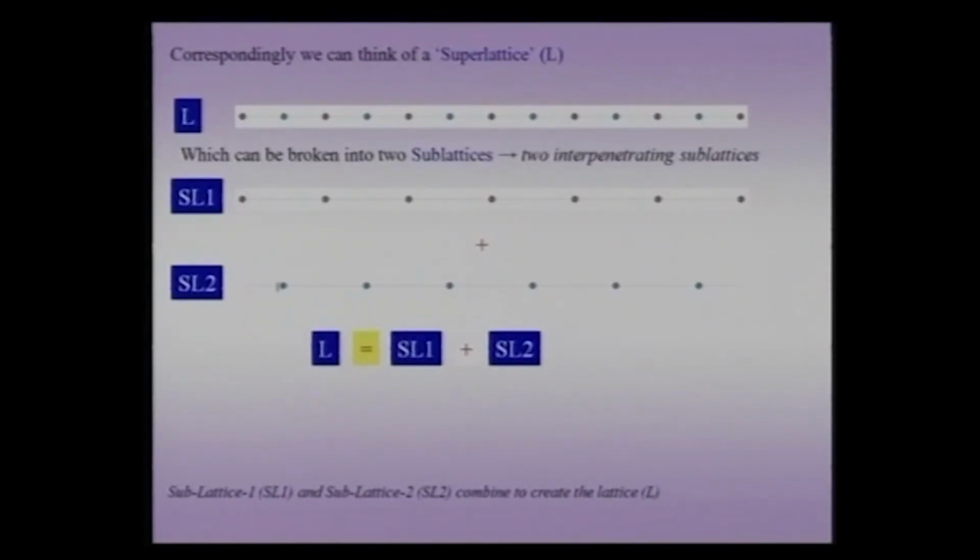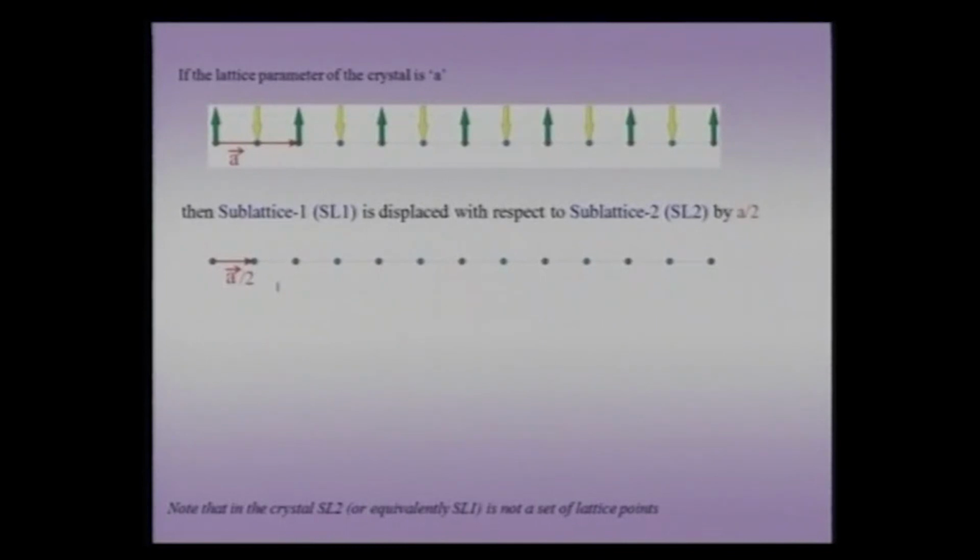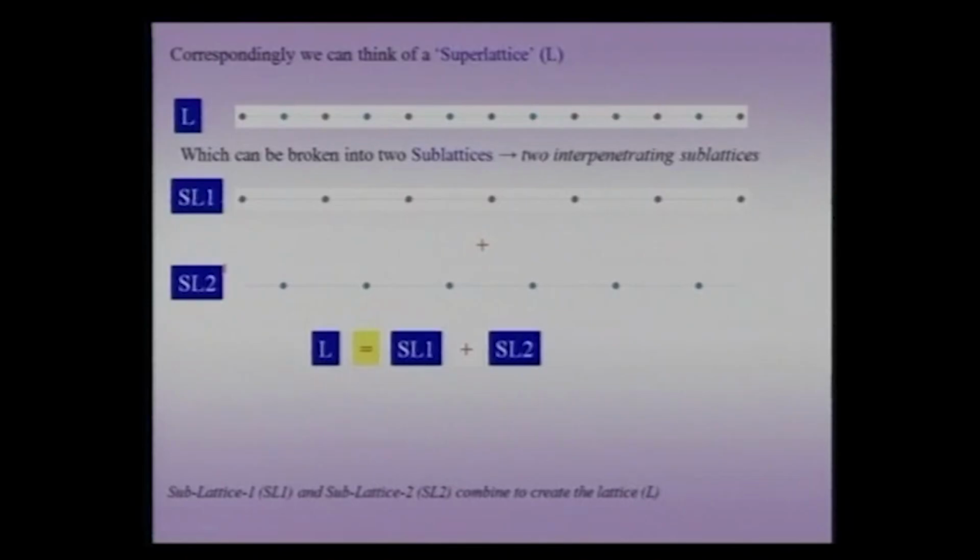So that is what is shown here. The original lattice parameter is given by the vector a, and the shift of one sublattice with respect to the other sublattice is a/2. Now if I call these two lattices sublattices, then I would call the original lattice a superlattice.